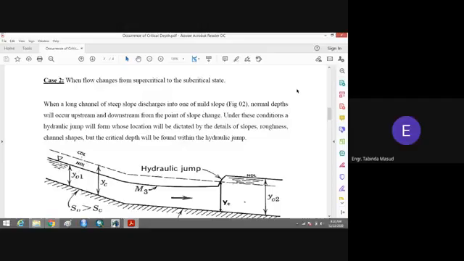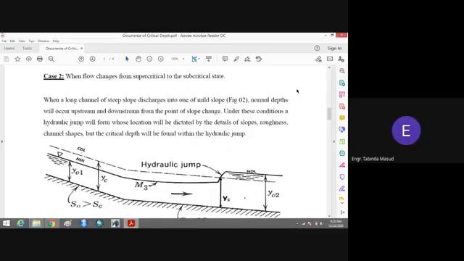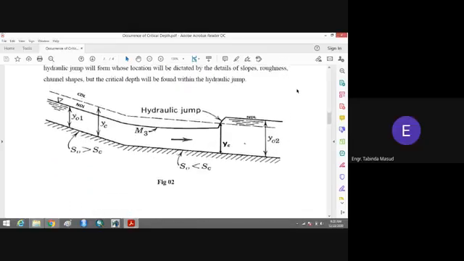This must be remembered, that the state of the flow changes when it passes through the critical depth of the flow. Here you can see in figure number 2 that we have a steep slope which is converted into the mild slope. Okay, this is the point where the two slopes are connected.